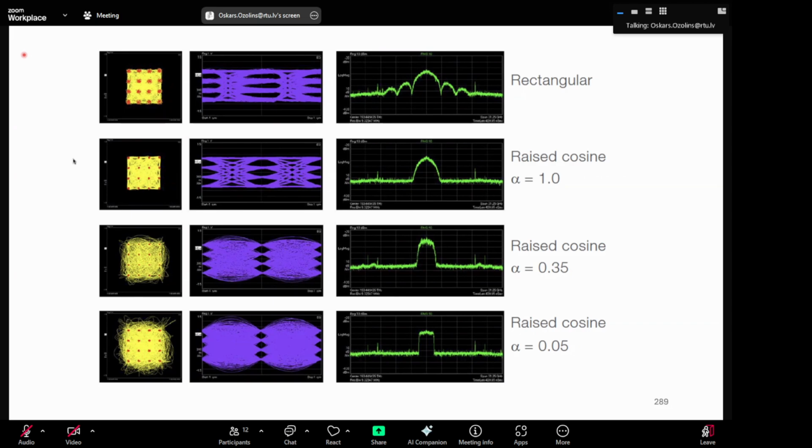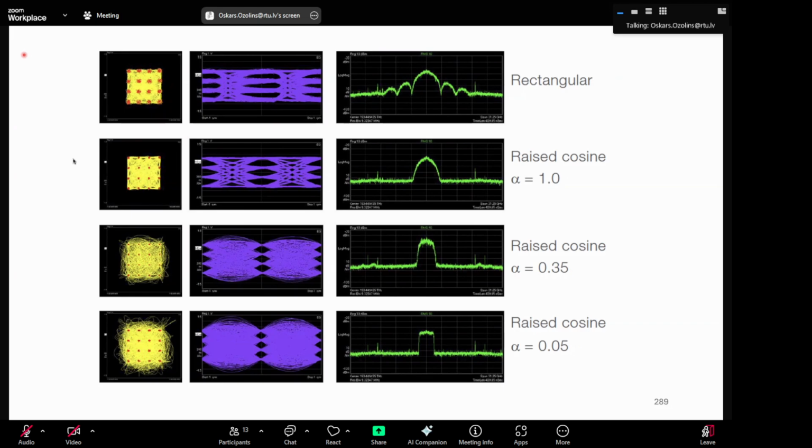If you don't, you can use different types of pulse shaping. This is one commonly used, and one reason for it is that when you use a pulse shape, you want to use it for matched filtering. So you use a pulse shaper in a transmitter, and then you have a pulse shaper in the receiver, and different filters could be used. This is one of the most commonly used.